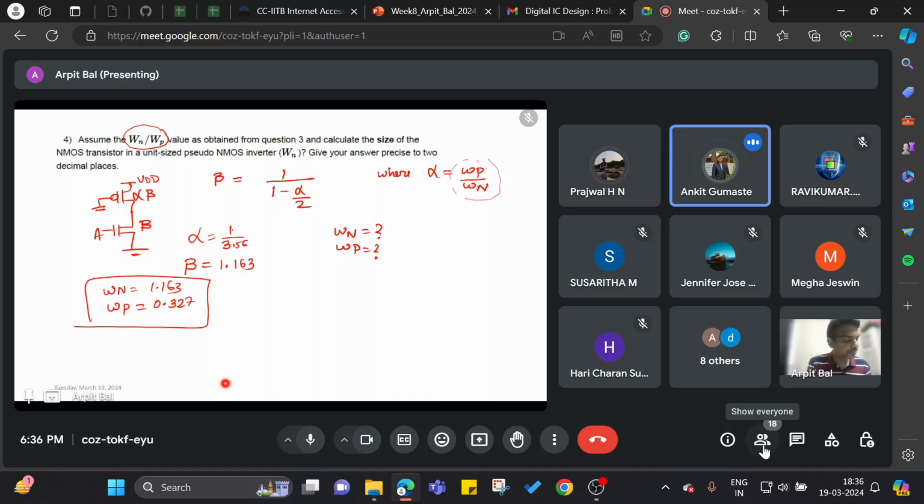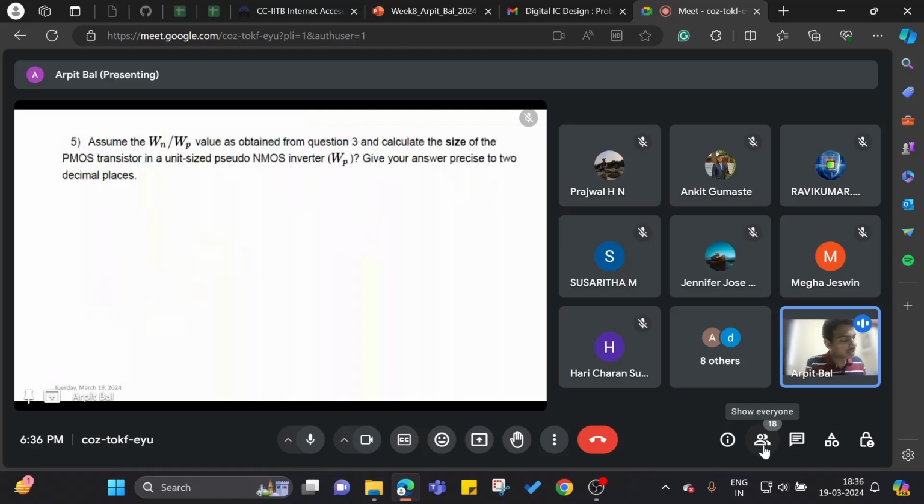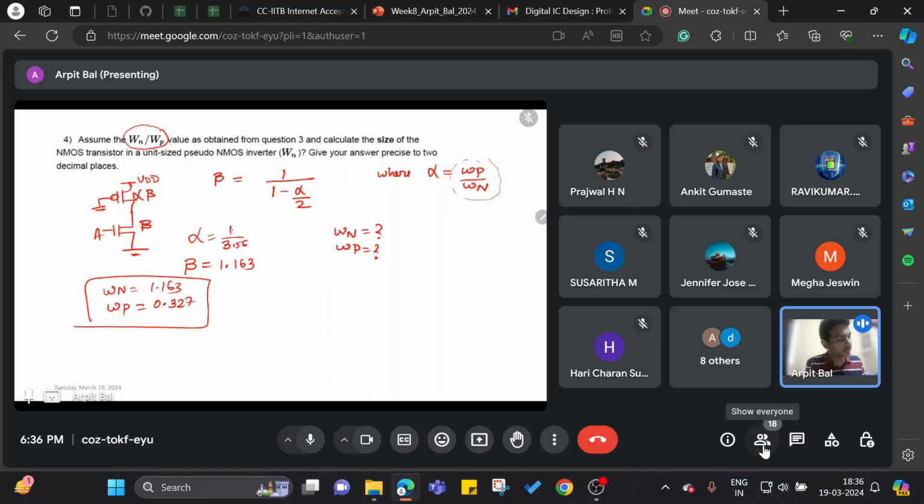Okay, so this is how the width of the NMOS and the width of the PMOS in the inverter are found. The next question was related to the width of PMOS, which we have already covered in question number 4, so you don't need to do much. We derived this relation in class, and alpha is defined as Wp by Wn.